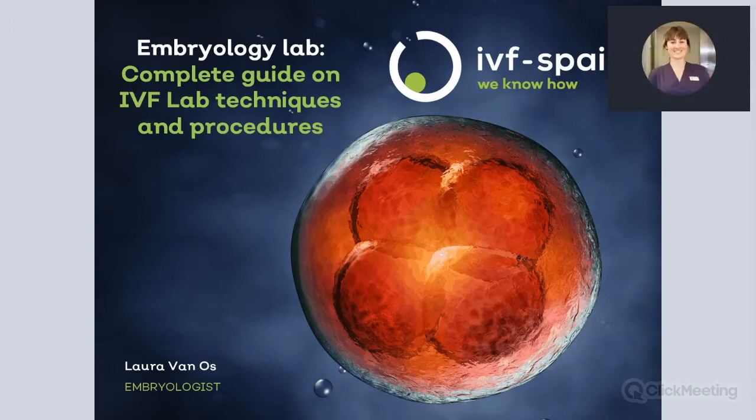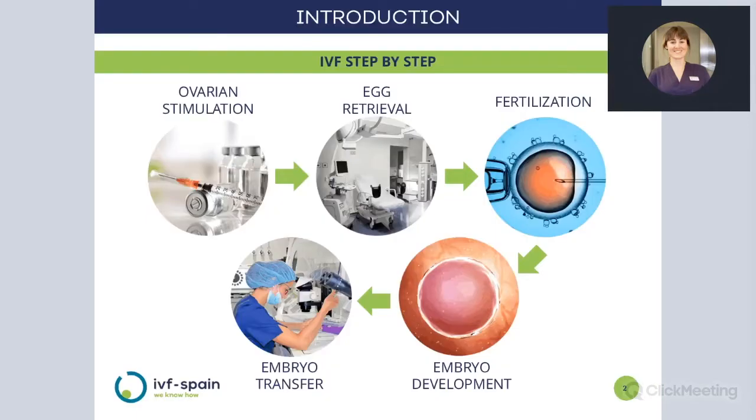So good evening, everybody, and thank you for introducing the topic, Sophie. I'm going to start directly with the presentation. Just as a brief summary, when a patient goes through an IVF journey, the process consists of a number of steps. First of all, patients will go through an ovarian stimulation in which they will have to take medication for several days.